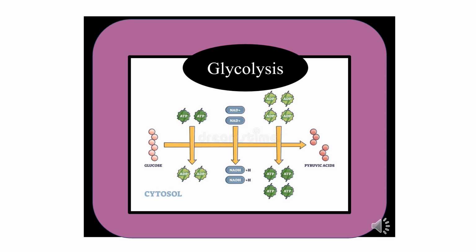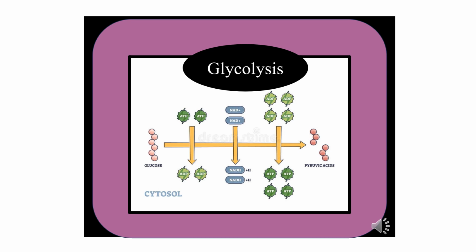The enzyme glyceraldehyde 3-phosphate dehydrogenase transfers one hydrogen from glyceraldehyde phosphate to nicotinamide adenine dinucleotide to form NADH plus H plus, and glyceraldehyde 3-phosphate dehydrogenase adds a phosphate to the oxidized glyceraldehyde phosphate to form 1,3-bisphosphoglycerate.